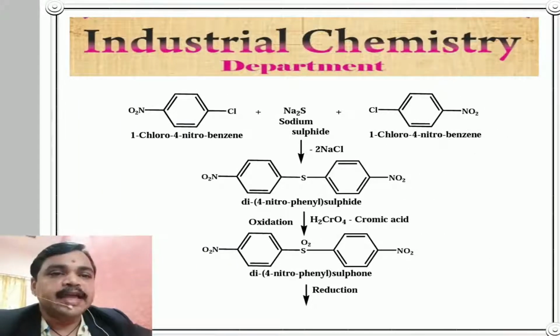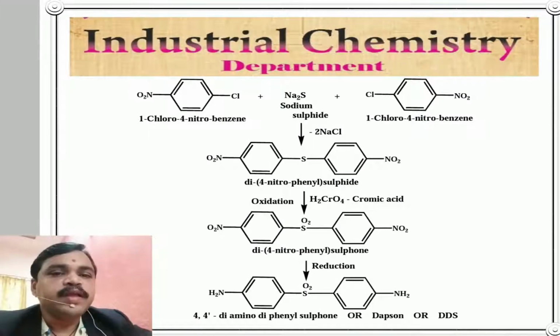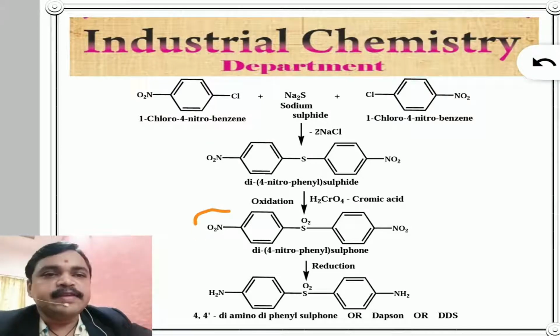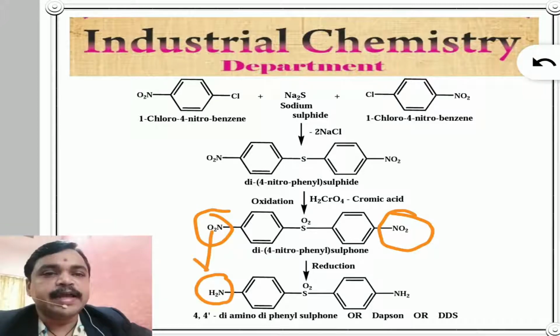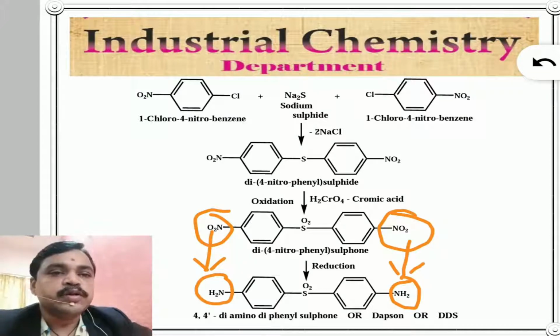Then this di-4-nitrophenyl sulfone undergoes the reduction unit process. In this reaction, we see there is an NO2 group. So this NO2 is converted into NH2. And our final product is 4,4-diamino diphenyl sulfone.